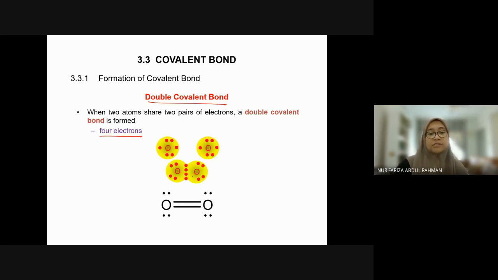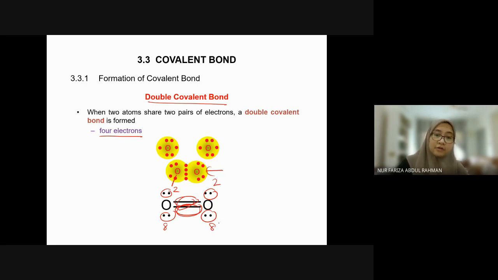So oxygen is considered as a double covalent bond. Why? Because these 2 atoms share 2 electrons each. So this oxygen shares 2 electrons, and this one shares 2 electrons. So in total, count 2, 4, 6, 8. So the first oxygen has 8 electrons, which is octet. The second oxygen also has 2, 4, 6 and 8.